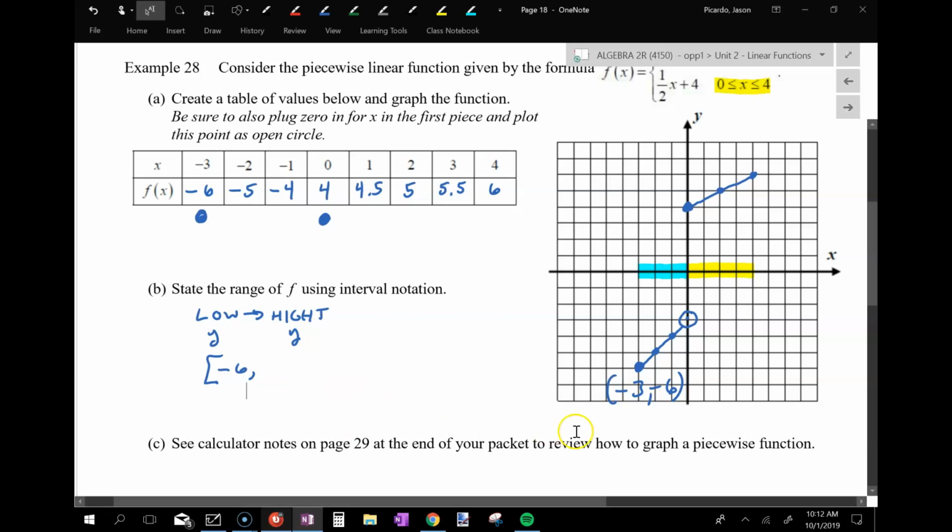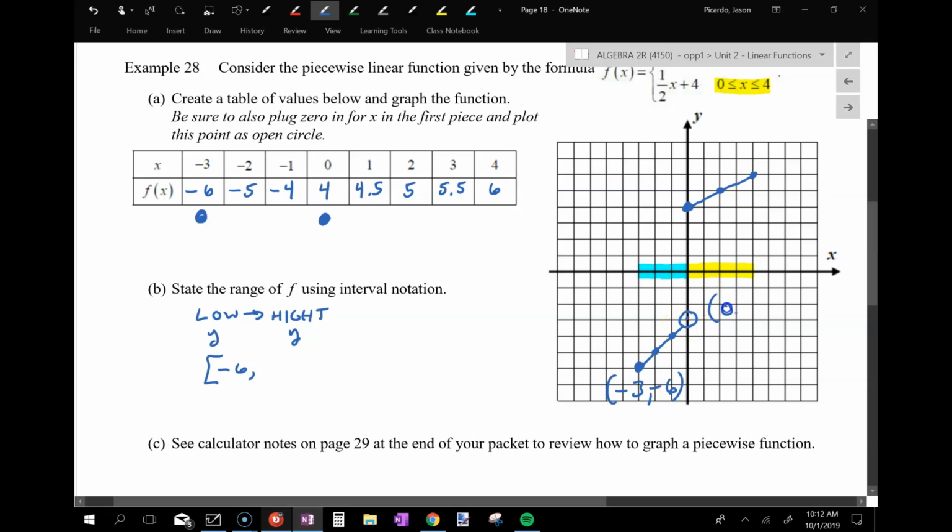So I start at -6. Okay, ready? And I go up. But hang on a minute. Do I include all the Y values on the way up? No. Isn't this where I got this jump in here, this gap? So my Y values go from -6 to whatever this is. What is that?